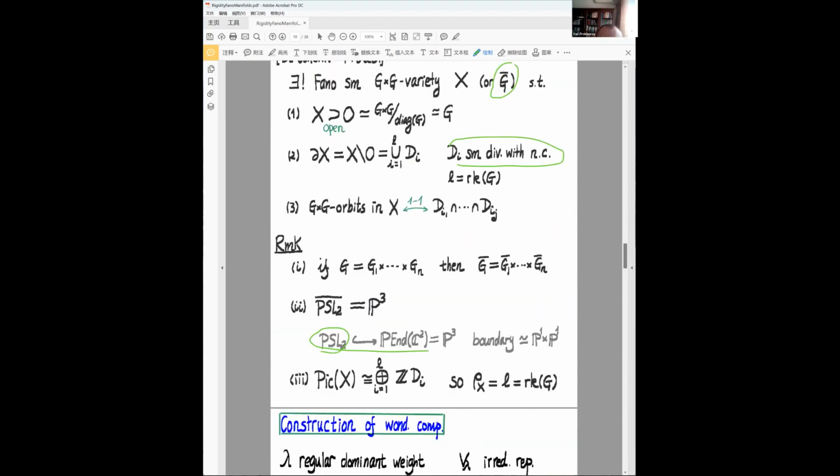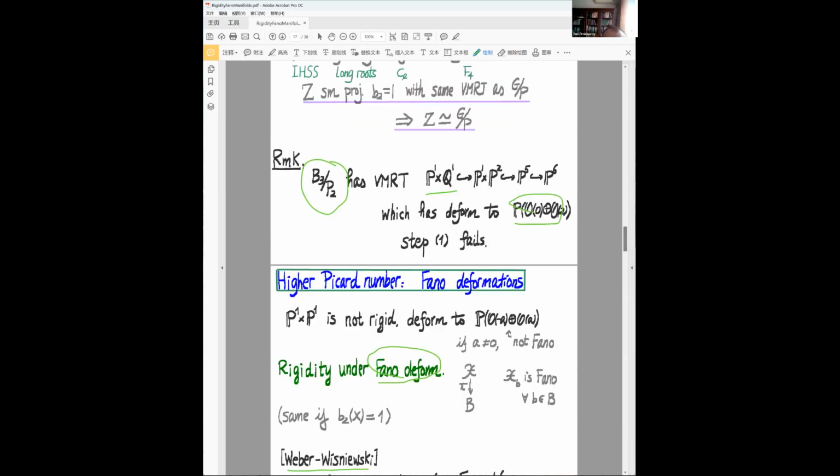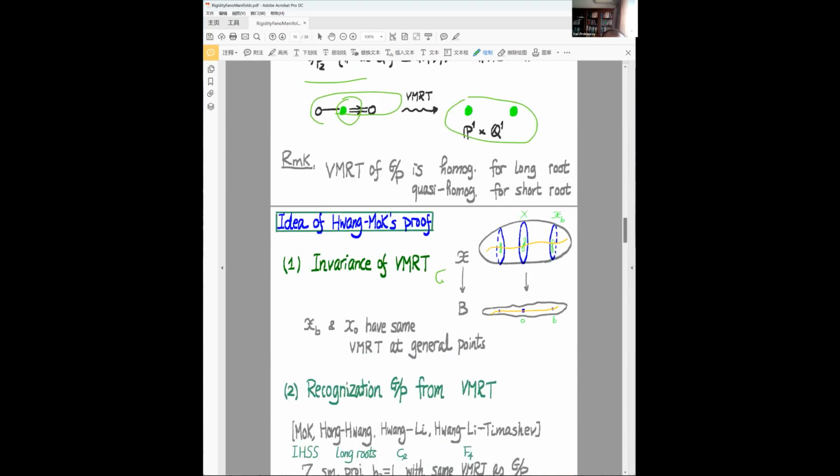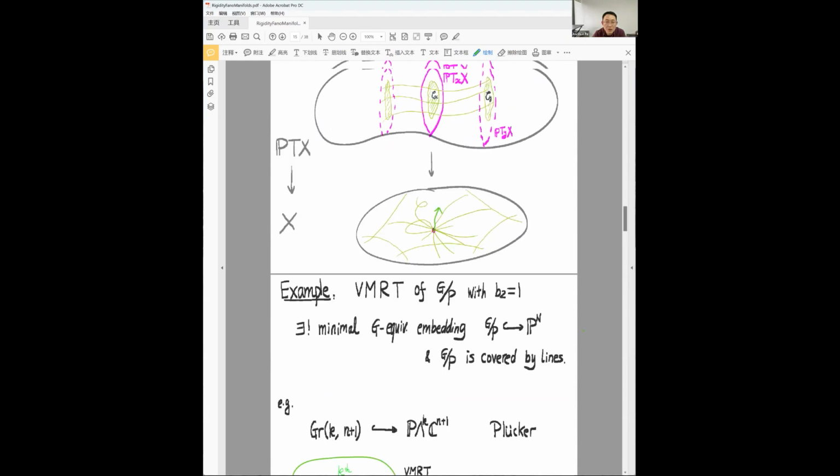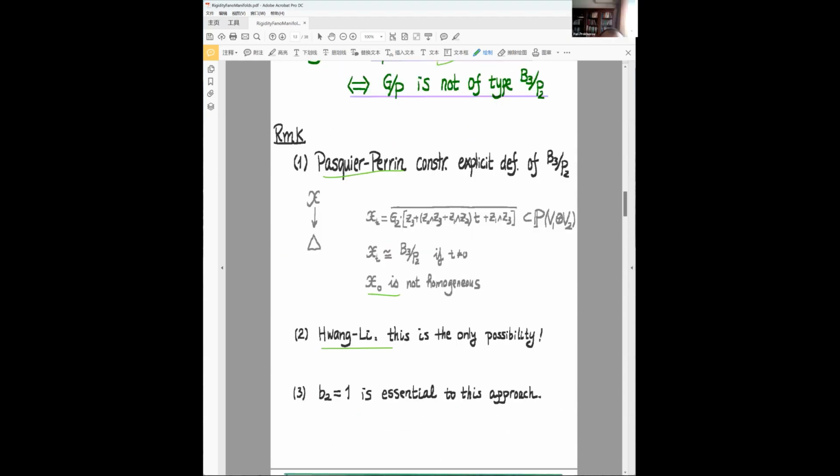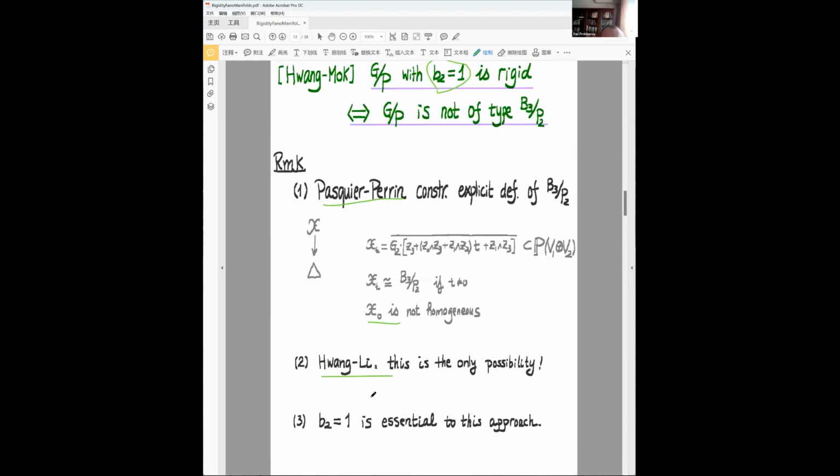Yes, so it has two deformation types, right? Yes, only two. They show the central fiber is either isomorphic to the blow-up or P2, or isomorphic to this X0.